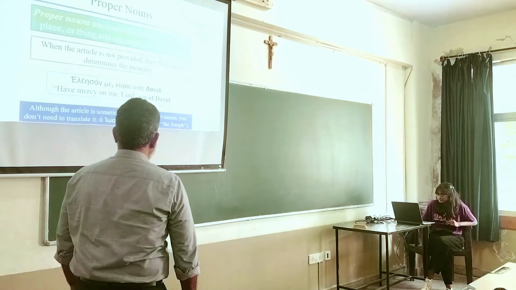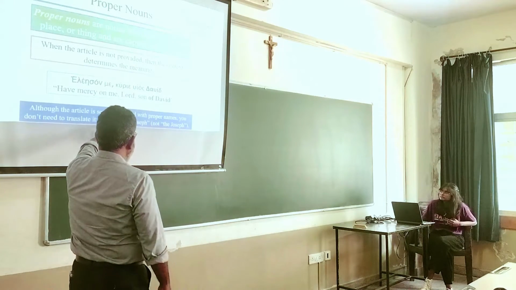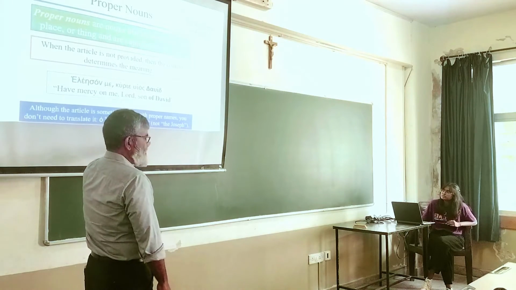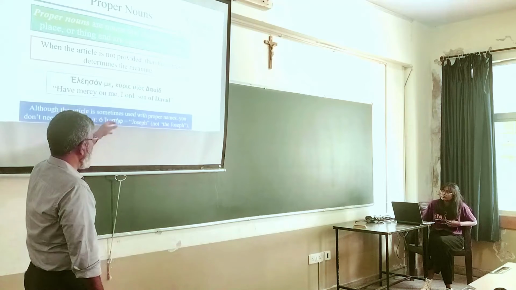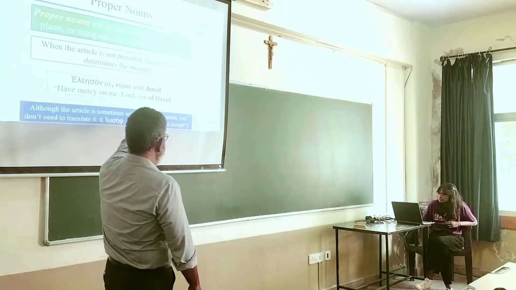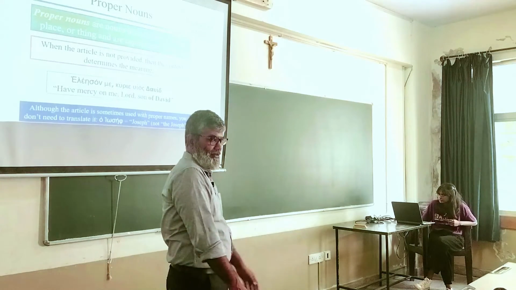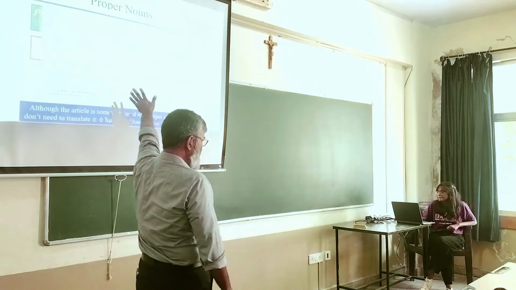The article is sometimes used with proper names and you don't need to translate it. Every time the article comes, you don't need to write the Joseph. Sometimes it is given only for you to know its purpose, not necessarily all the time. The article needs not be translated. Not the Joseph, it's just Joseph. Am I good with proper nouns?